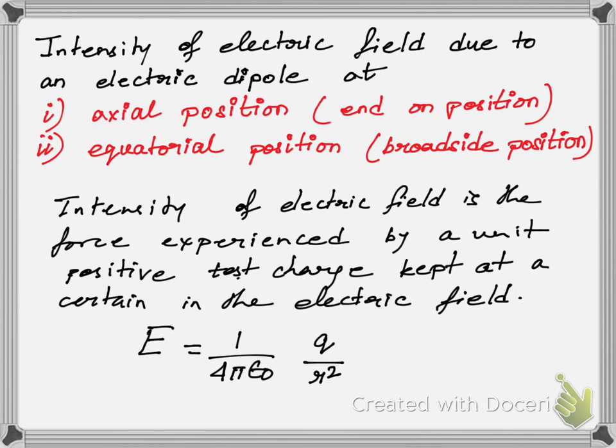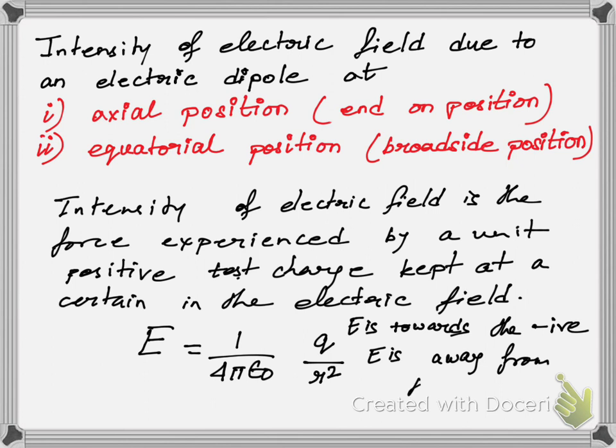And the direction of intensity of electric field, which is of course a vector quantity, is towards the charge if the charge is negative, and away from a positive charge.